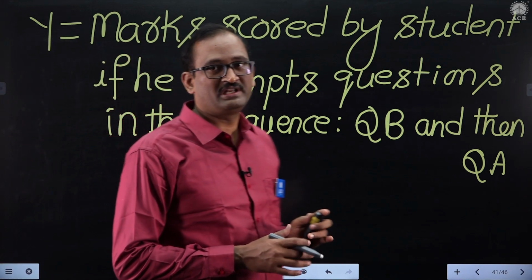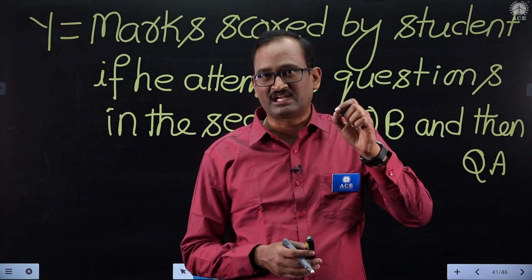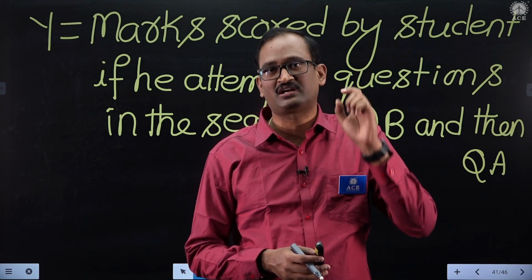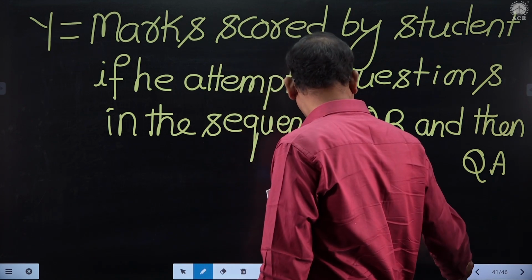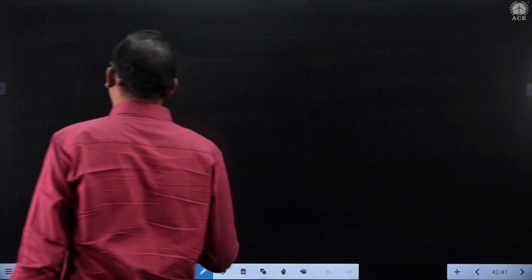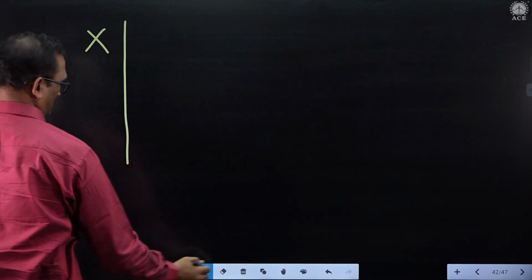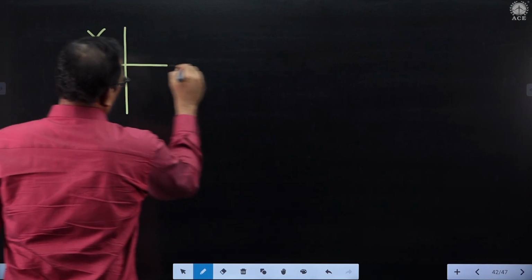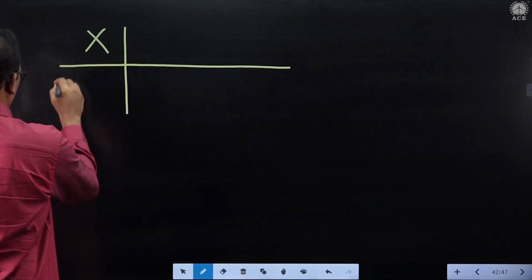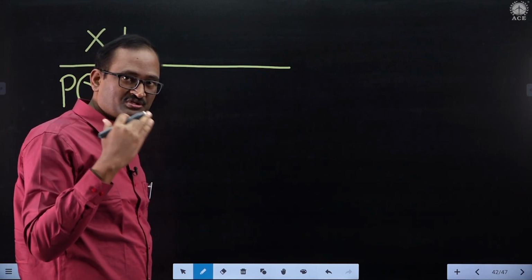But random variable x means what? Student scoring marks if he is attempting the questions in the sequential order of question A and then question B. X means marks scored by the student.